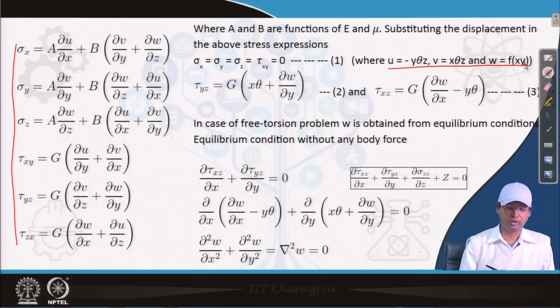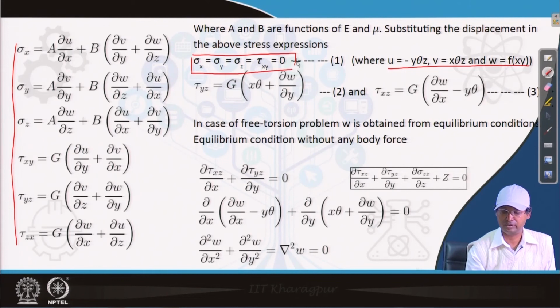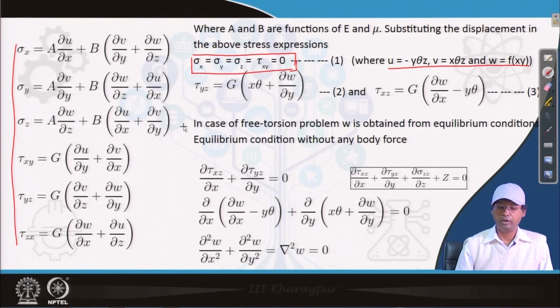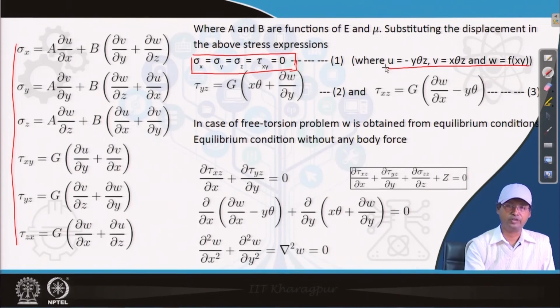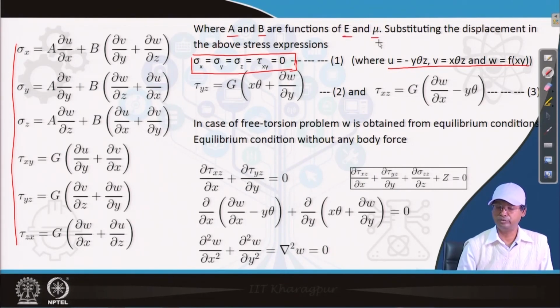If we substitute all those values here, we finally get that sigma x, sigma y, sigma z, and tau x y are equal to 0. You can easily substitute this and check. I have checked several times. Please note that a and b are written in a generic form, which are functions of alpha, E and nu.